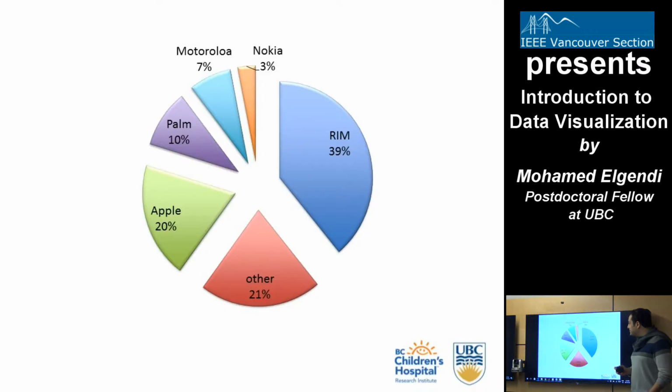If you ask me the best way to present a pie chart in this case, we need a pie chart that works as a histogram, in descending order. So here is Rim, other, Apple, high, low, low. In a descending order, then I can judge. I can see you are the third in the rank.